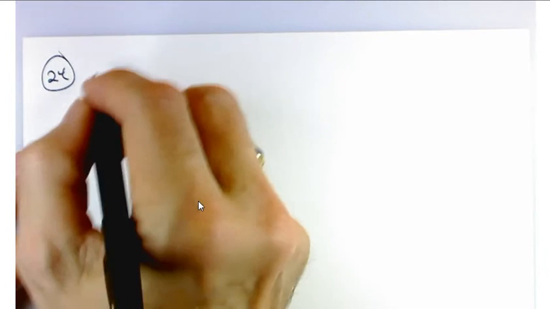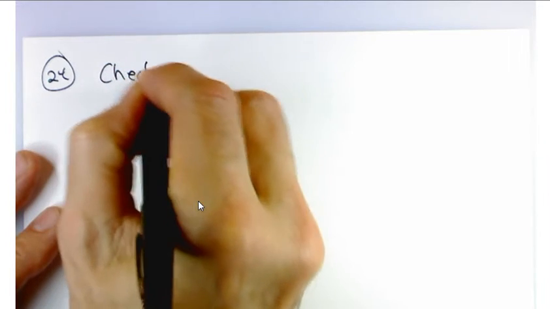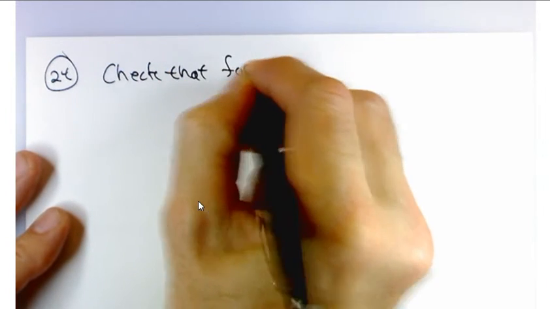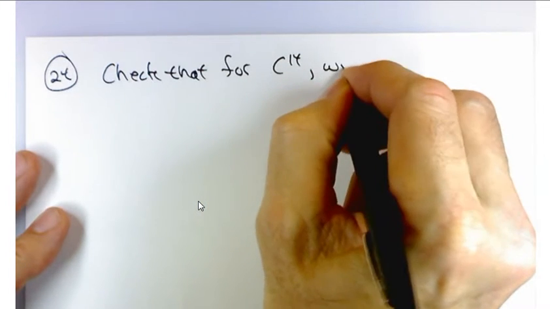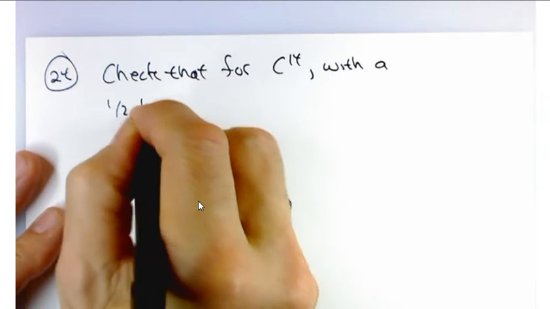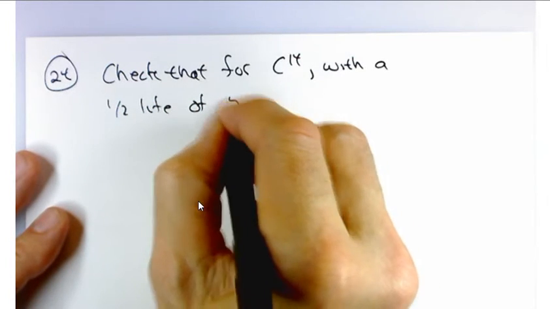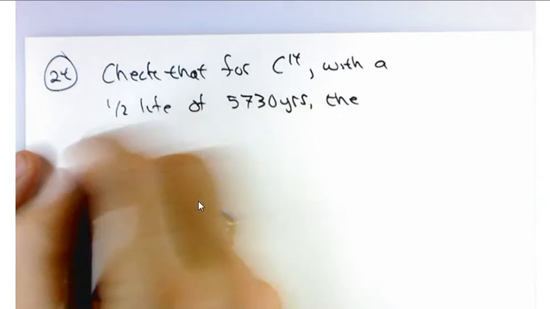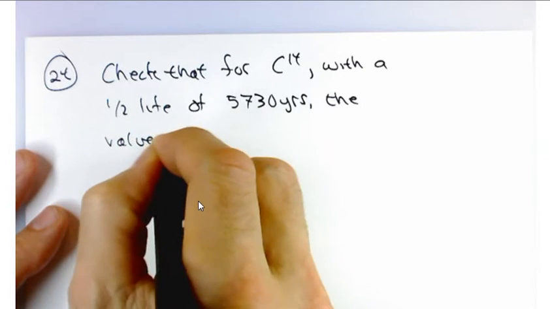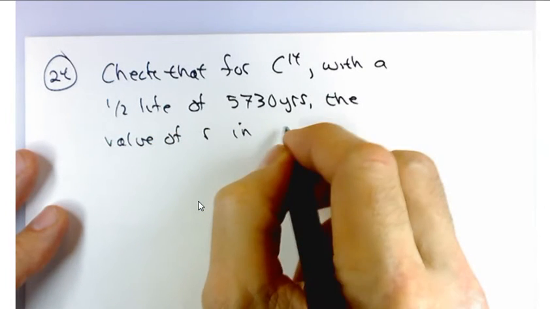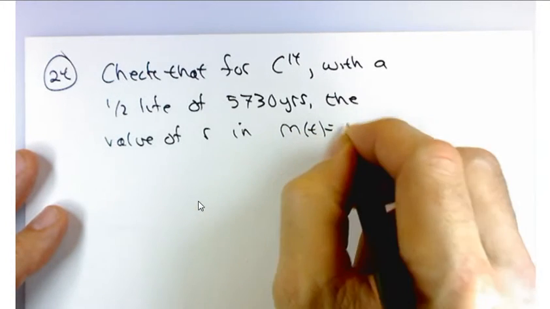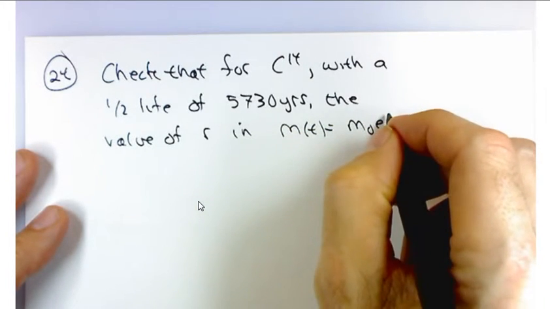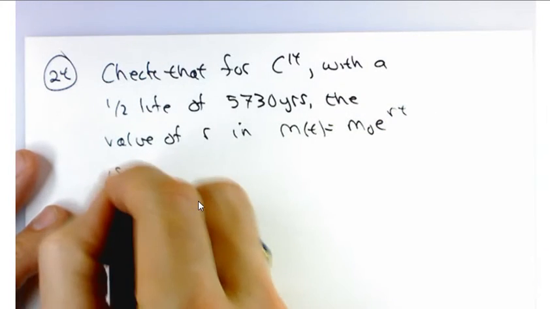Check that for carbon-14 with a half-life of 5,730 years, the value of R in this model, m of t is m sub 0 e to the RT, is, in fact, I'll leave off the negative here, but it's going to be R equals negative 0.000121.